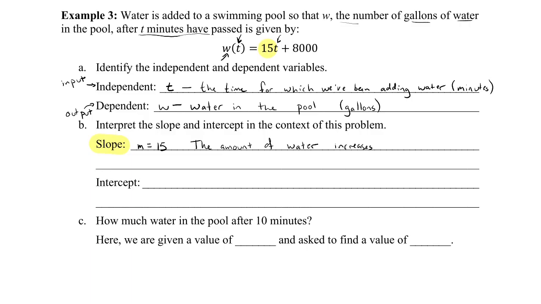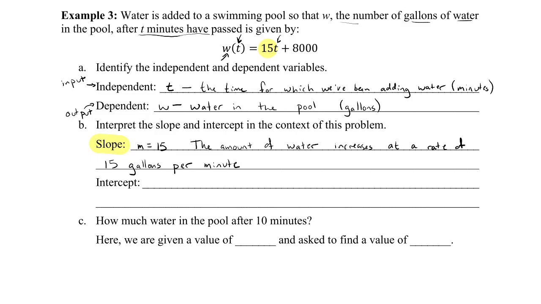And we're going to say at a rate of 15, that number is the slope. And then we'll say the units of W, gallons, the word per, and then the units of T, minute.